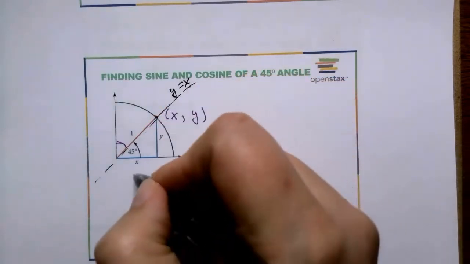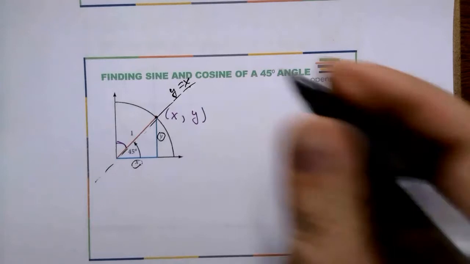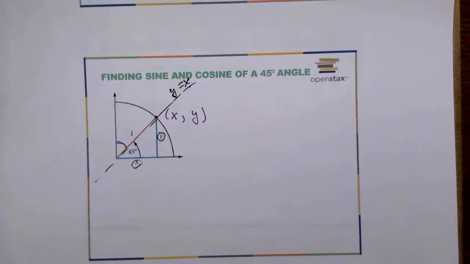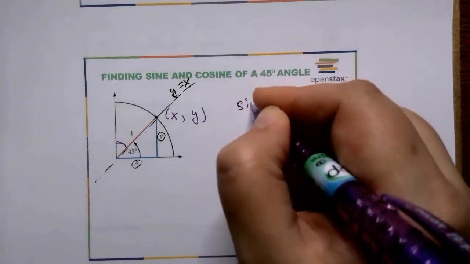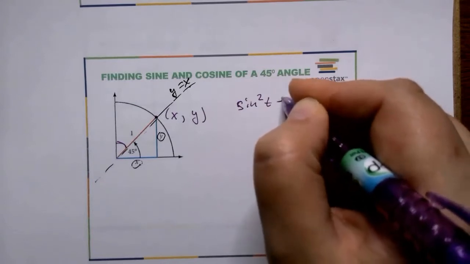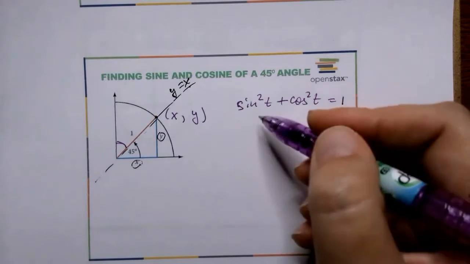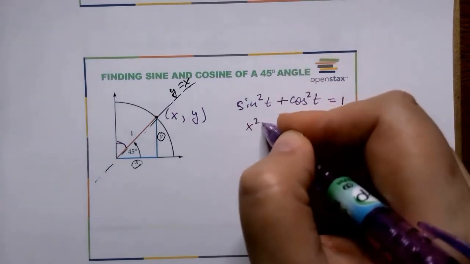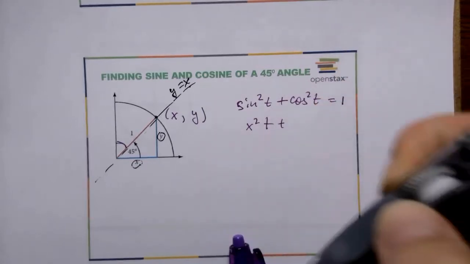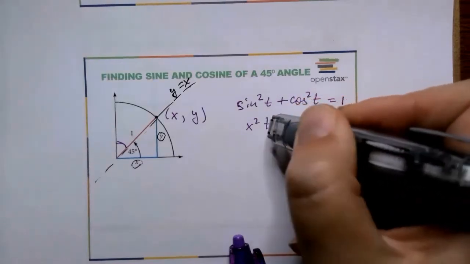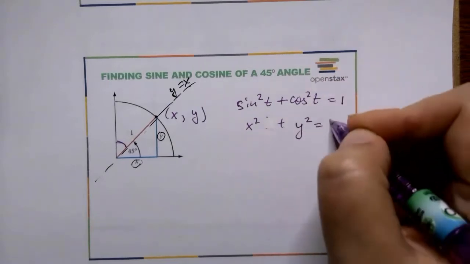So here we have that x actually equals y. Now from the Pythagorean theorem, we know that sine squared t plus cosine squared t equals 1, right? So therefore, we have x squared plus, oh, there is no t, just x squared, because it's a coordinate of the point, plus y squared equals 1, right?